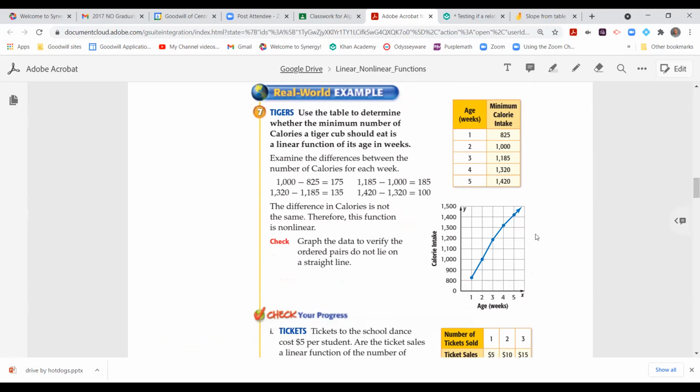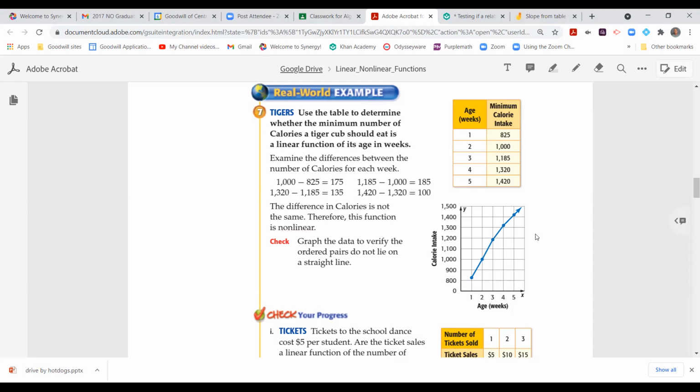Not really. That graph does not represent a straight line. Linear means straight line. So if it's got any kind of curve, it's nonlinear.